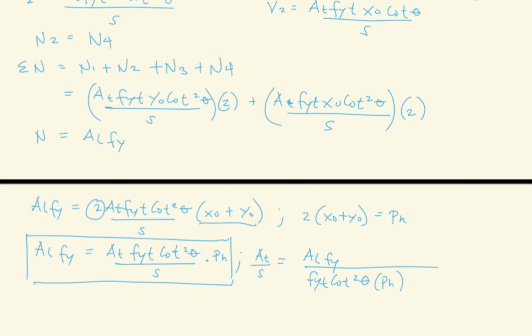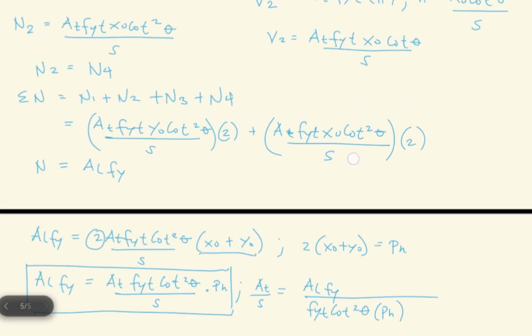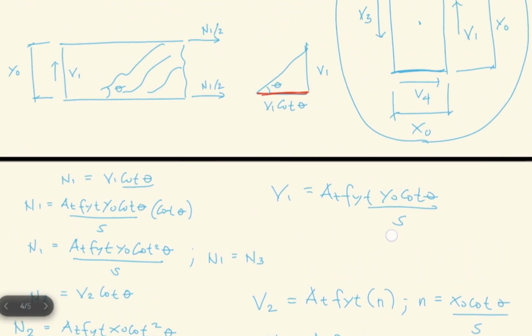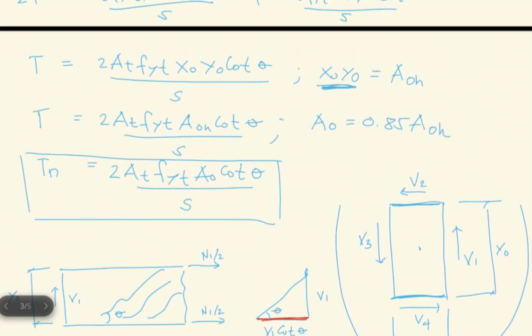Now, we substitute this to the earlier derived formula for the nominal torsion, which is this equation.